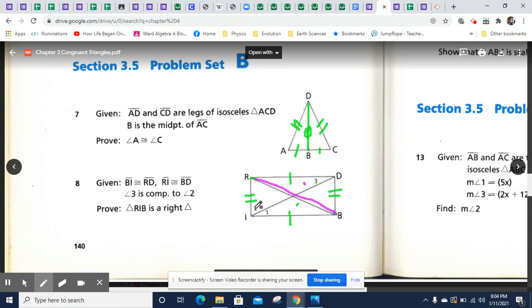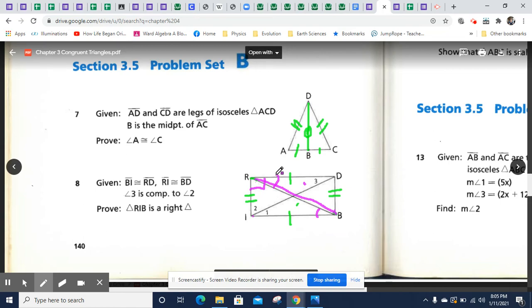well, actually, there's something we can prove right now. We can prove that if 3 and 2 are complementary, then we know that there's 180 degrees in a triangle, then this is a right angle. Okay. So that's useful, I think. And then let's think about 3 and, so this angle here would then be congruent to this angle.